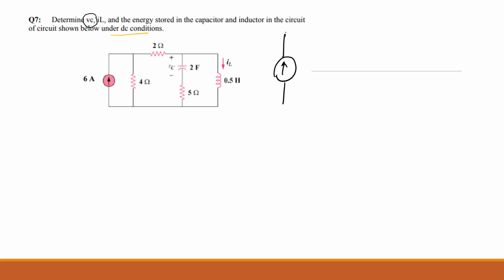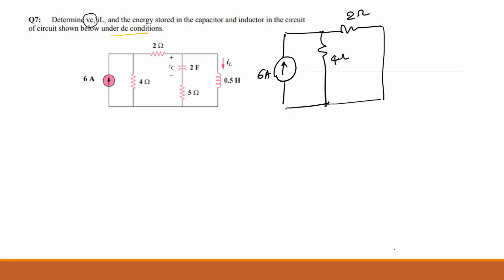So your circuit will look like this. Am I right? Is this right? Okay, so we have our inductor here, so that path is short circuited, so this will be your IL. And this one, what will happen?